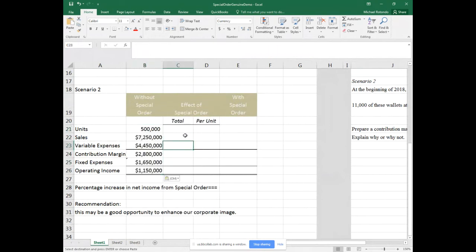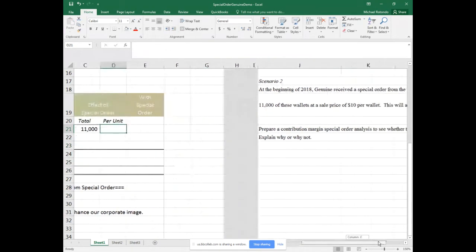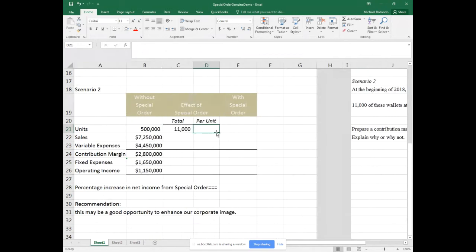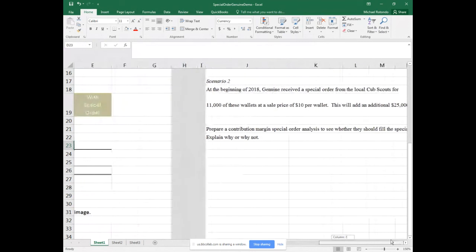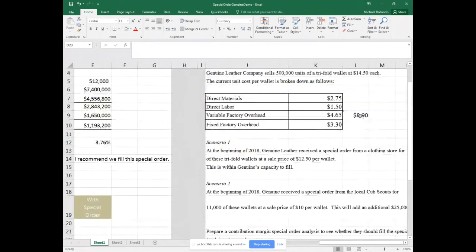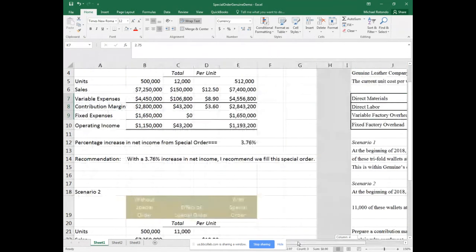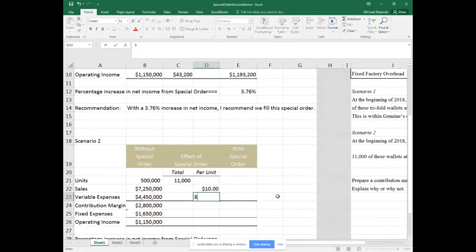But our new situation is looking at 11,000 of these wallets, and we're looking now at a $10 price. So that's $4.50 less than what our standard pricing is. We're still going to have the variable expenses of $8.90. Remember, that was the total of the 3 of these. So we have the $8.90.